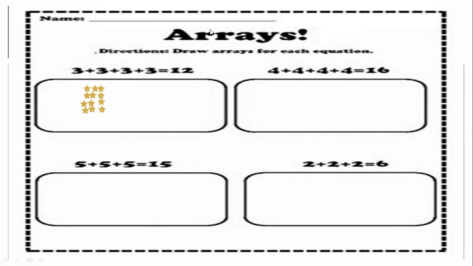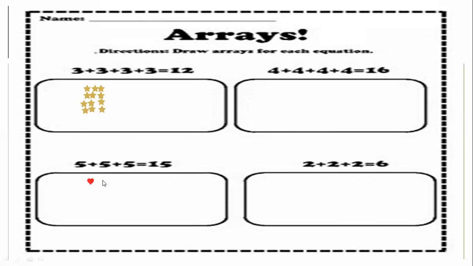I will do one more for you. Here it is. 5 plus 5 plus 5 equals 15. So how many times are we adding 5? 3 times.